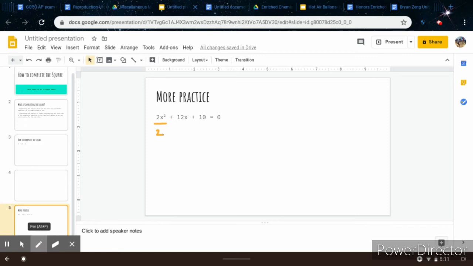So if we divide this by 2, we have to divide 12x by 2, divide 10 by 2, and divide 0 by 2. So 2x squared divided by 2 is simply x squared. 12x divided by 2 is 6x. And 10 divided by 2 is 5, and 0 divided by 2 is always 0.